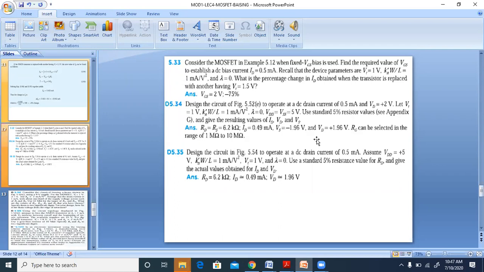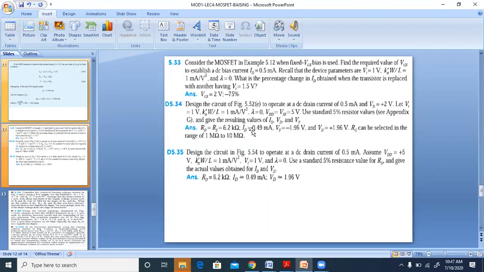So using that, we can find the value of VD again. I think I have solved it there. So RD is equal to RS is equal to 6.2. ID you'll get back as 0.49 milliamperes corresponding to this value of RD, right?